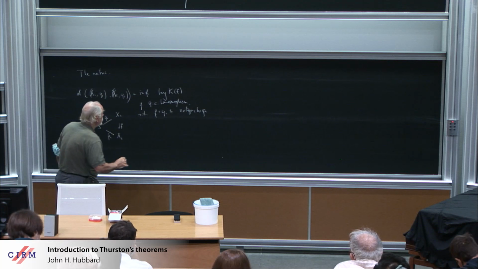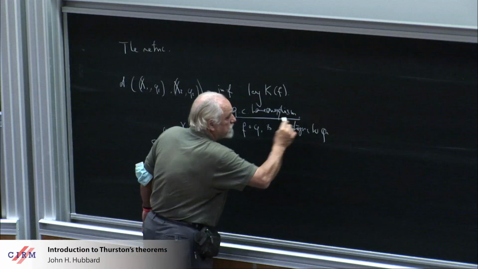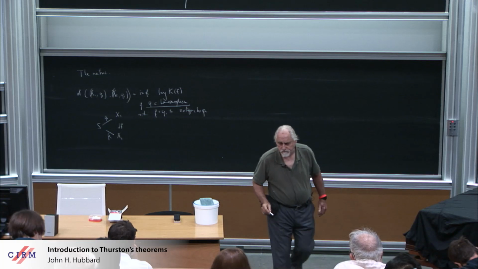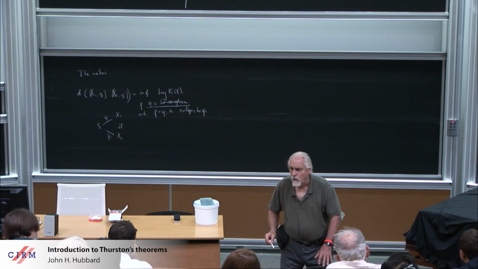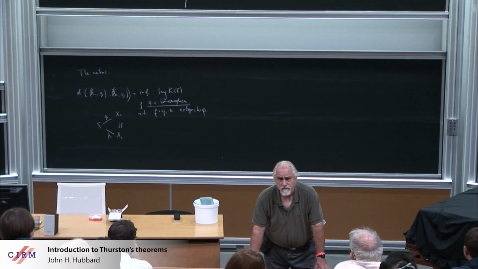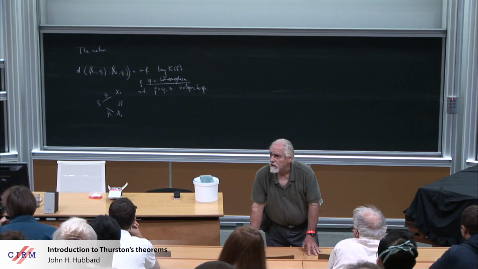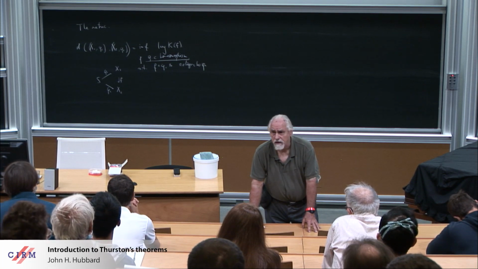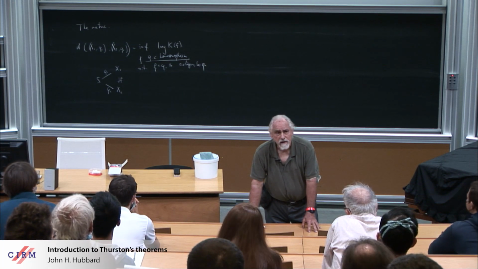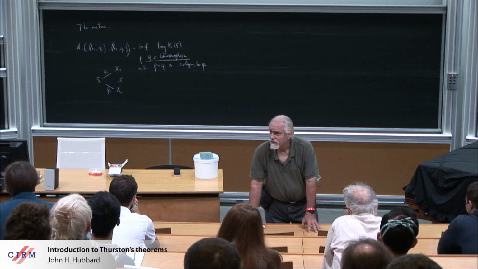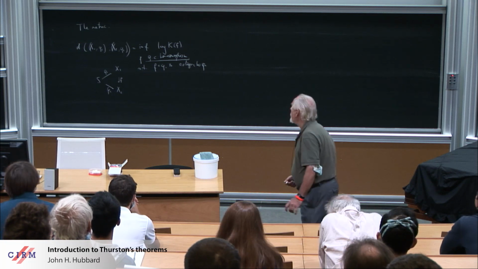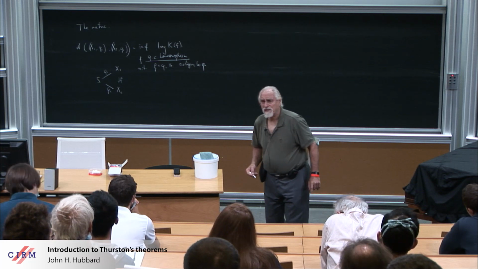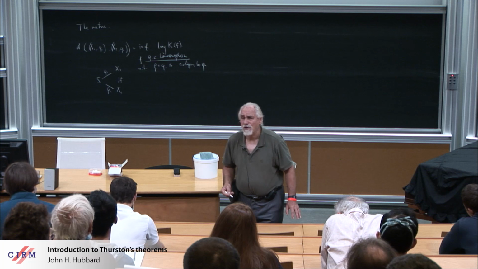And the point about this quasi-conformal homeomorphism is that a quasi-conformal homeomorphism of quasi-conformal dilatation K equals 1 is in fact analytic. And therefore, if the distance of 2 points of Teichmüller space is 0, they do in fact coincide.